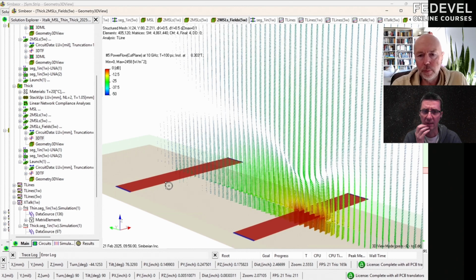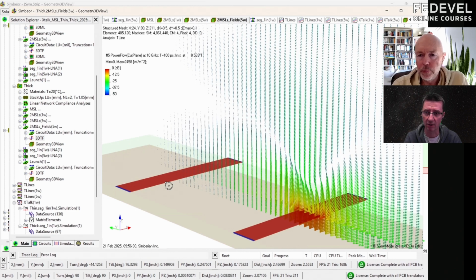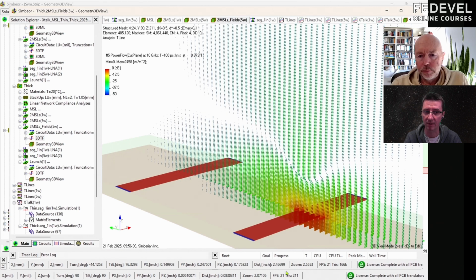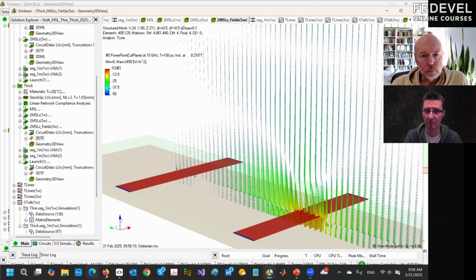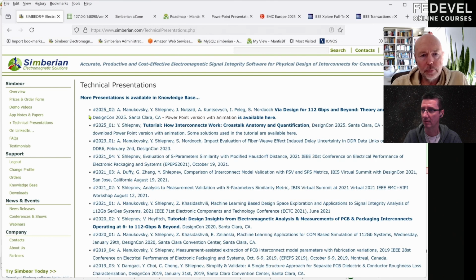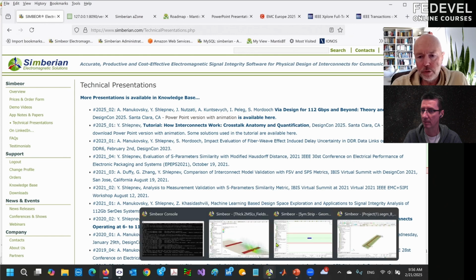And I think you mentioned that your free version enables watching the data of these examples, maybe even what we are using right now. That's the Simbeor viewer license.